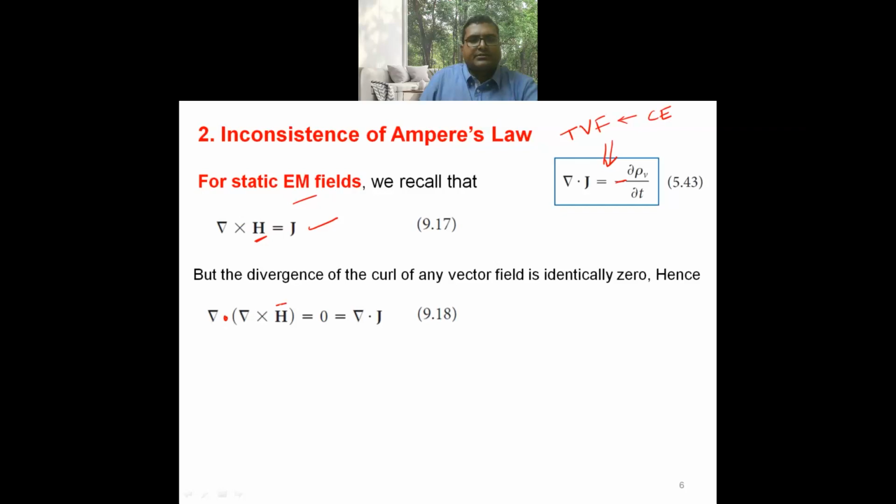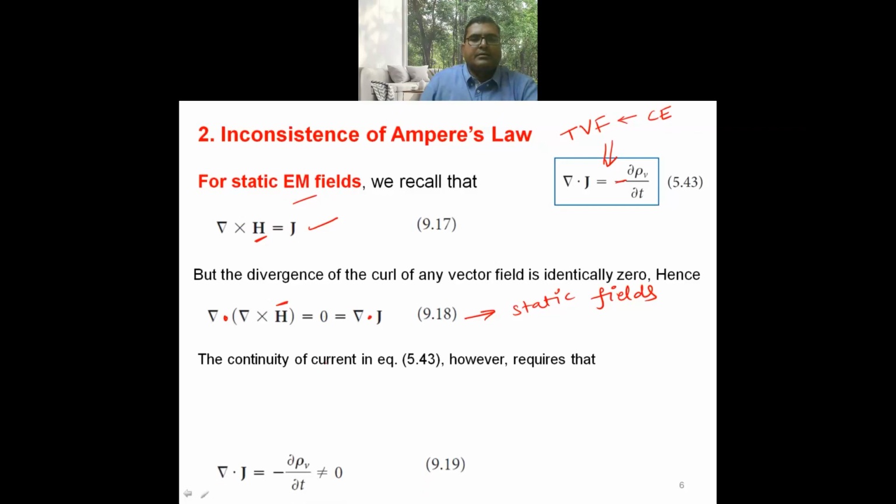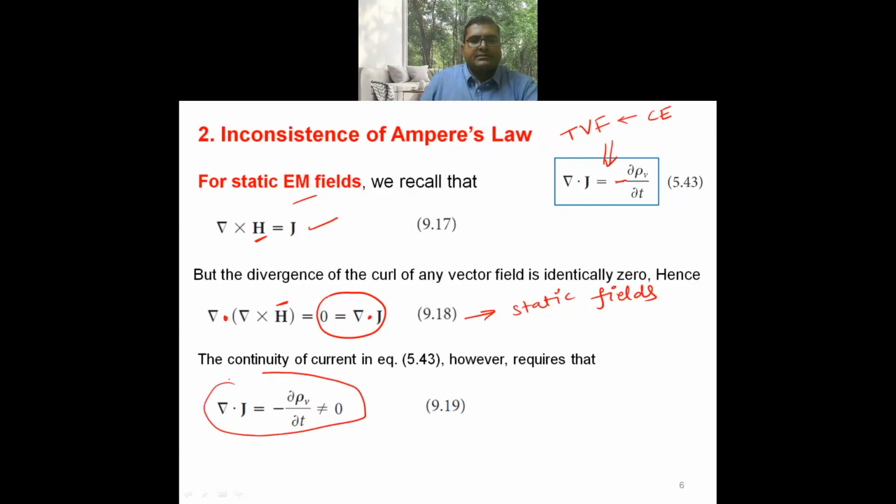The del dot of del cross of any vector is equal to 0. That is del dot J is equal to 0, and this is valid only for static fields, not for time varying fields. For time varying fields, del dot J should not be equal to 0. This is the main requirement of time varying fields.